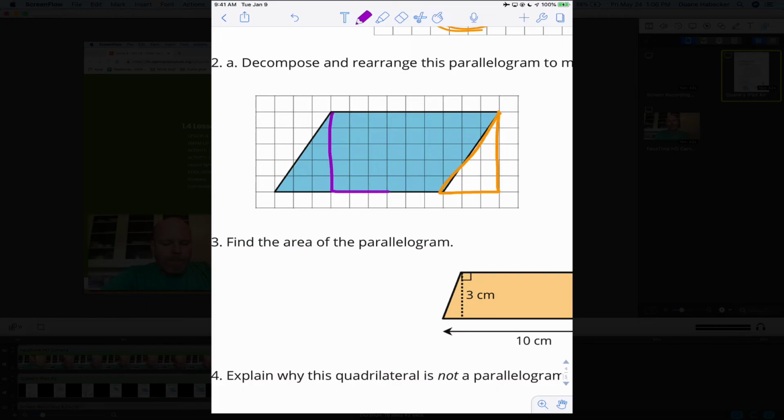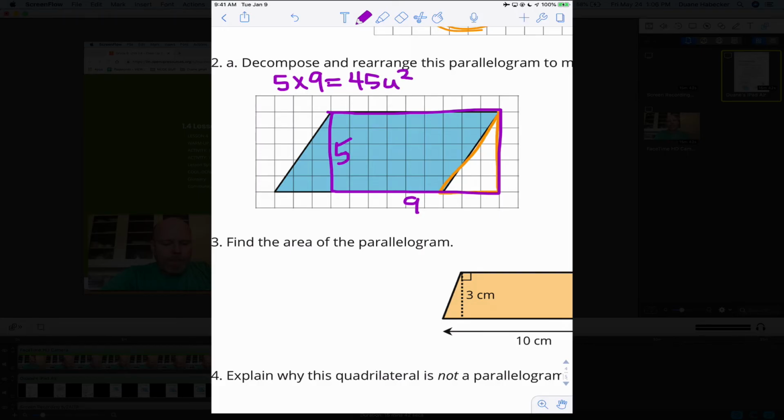And I can see that the new rectangle has a height of 5 units, and it has a width of 1, 2, 3, 4, 5, 6, 7, 8, 9 units. So the area, 5 by 9, equals 45 square units.